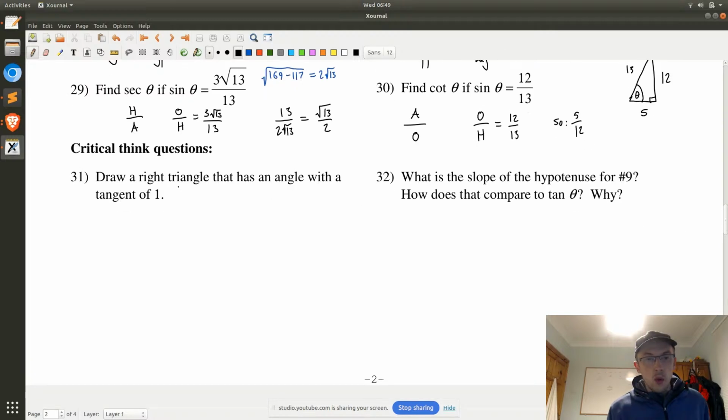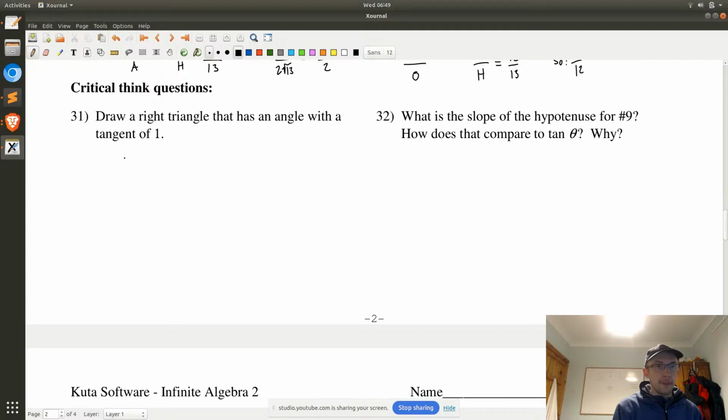Okay. Next, draw a right triangle that has an angle with a tangent of 1. Tan of theta is the length of the opposite side divided by the length of the adjacent side in the right-angled triangle.